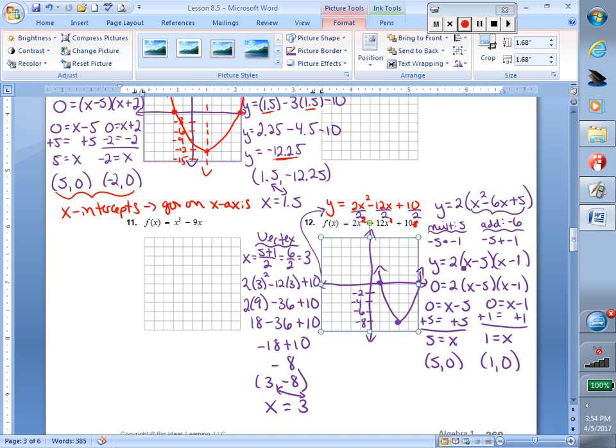That can factor it very quickly for us. Find our intercepts. Your vertex then will be halfway between your intercepts. Add your intercepts together, divide by 2. That will give you the x value of your vertex and your axis of symmetry. Then substitute back in to get the y value of your vertex.